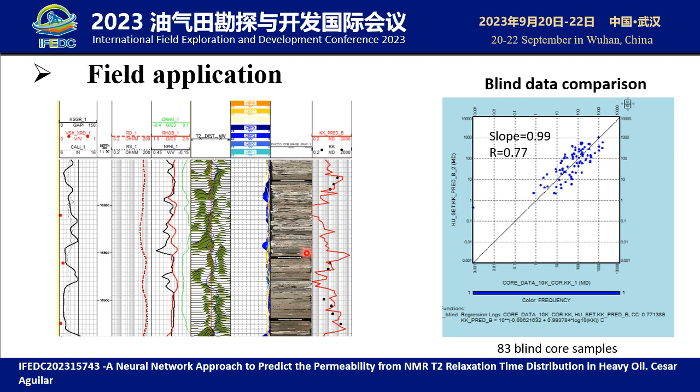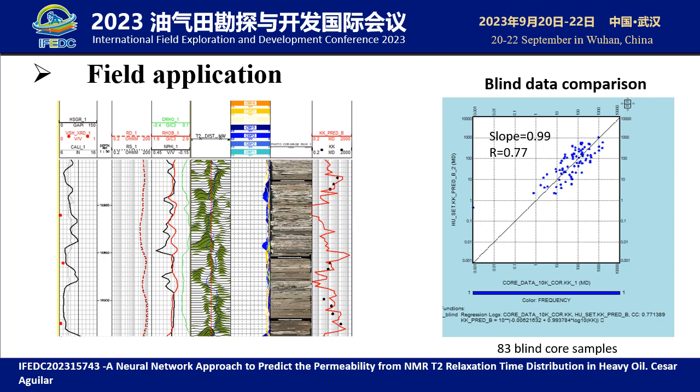The neural network approach is capable of reproducing permeability in this very complex interval. The one-to-one plot of the blind core data shows a slope close to 1 and a correlation coefficient of 0.77.